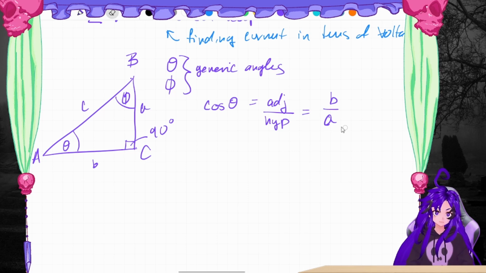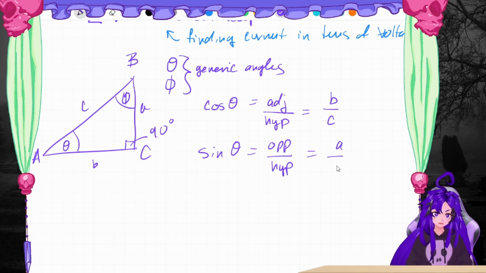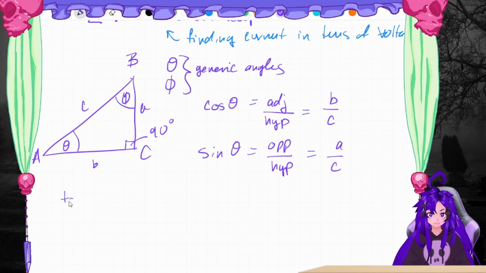There we go. B over c. Sine is opposite, so this one, opposite theta, over hypotenuse. So a over c. And then tangent of theta is actually sine theta over cosine theta.